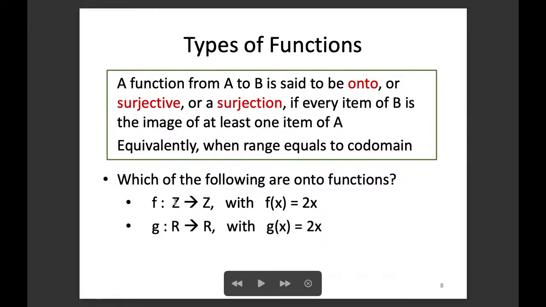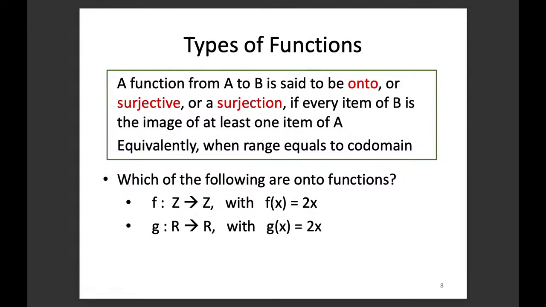Let us take a look at this example. The function f that maps integer into integer with f(x) equal to 2x, is it a surjection? This is not a surjection, because the domain here consists of integers, so when x is an integer, 2x is also an integer, and in fact an even number.